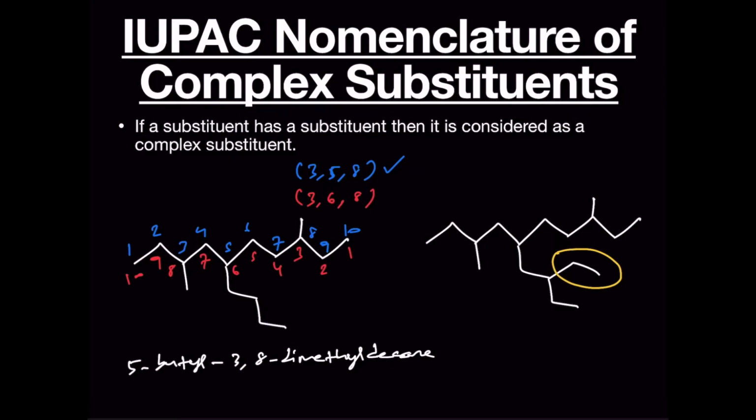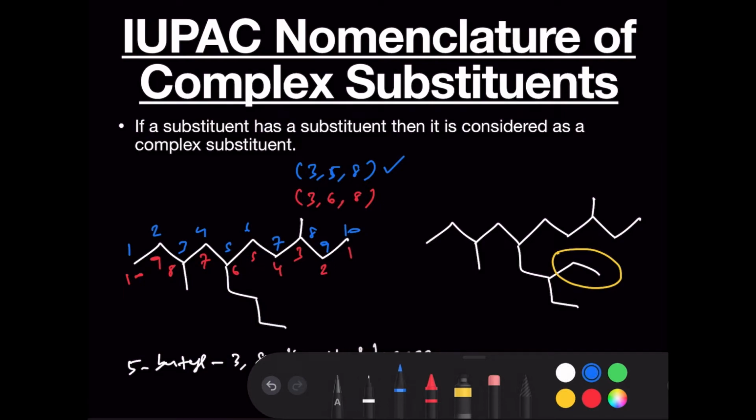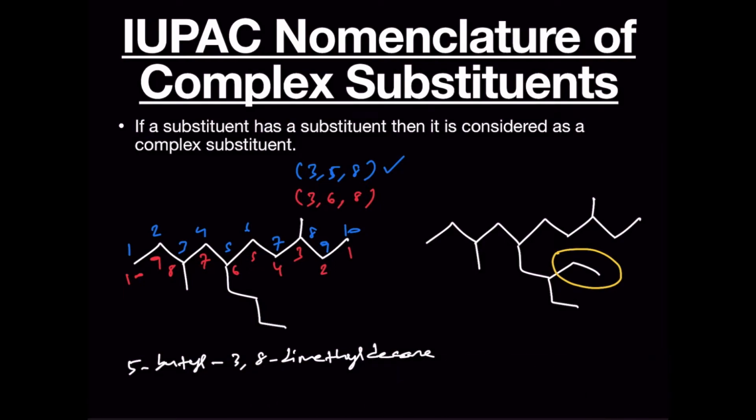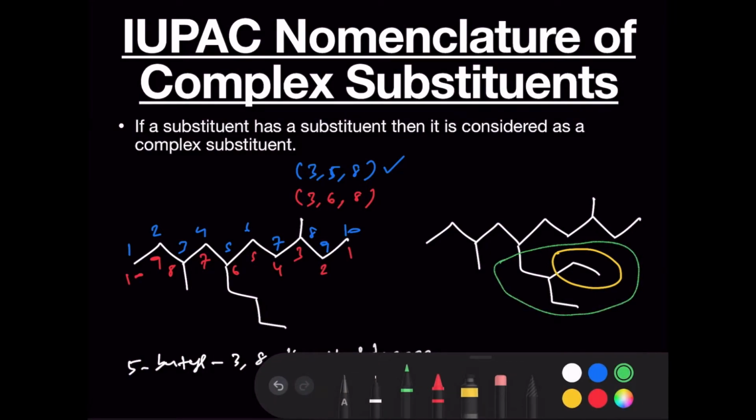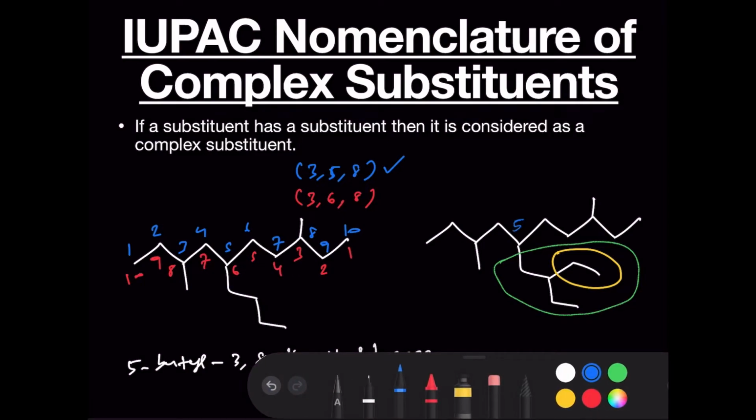Our numbering scheme is going to remain the same, and the only thing that we need to figure out is how to do the naming for the complex substituent. This is a complex substituent, this entire thing, and that is sitting at 5. In this case, we have an additional chain that we need to number.